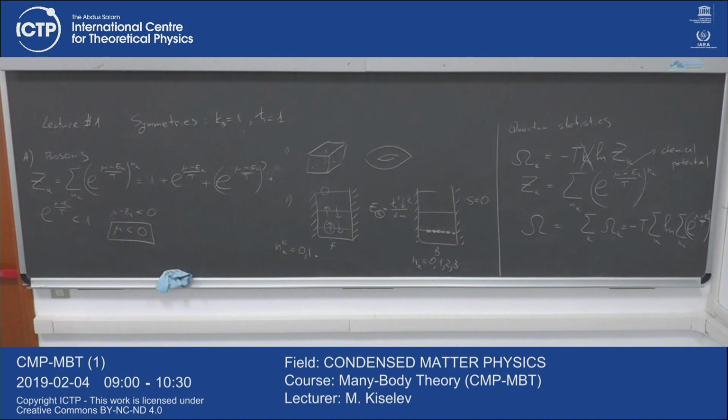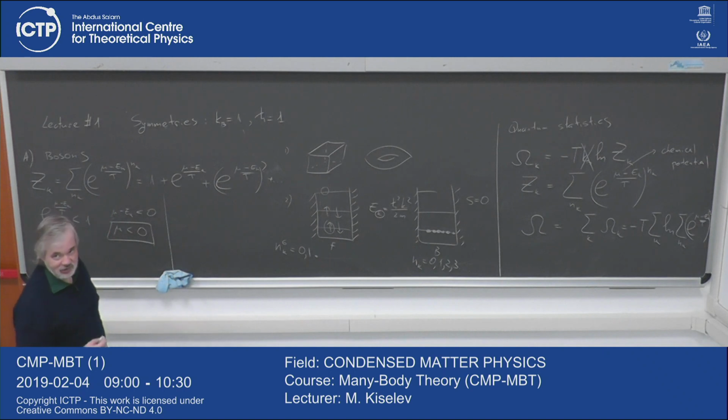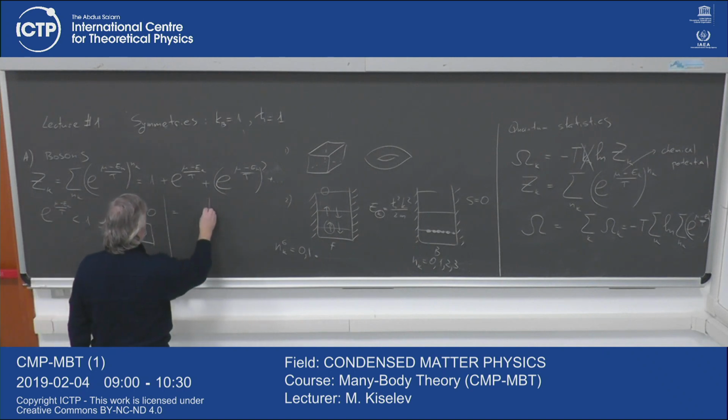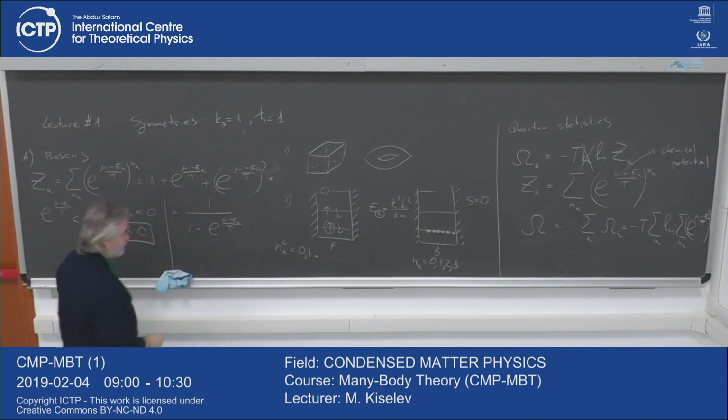Well, it approaches 0 at some point, and we discuss what happens there. So if we then sum up this convergent geometric series, what will we get? We get 1 divided by 1 minus e to the power mu minus epsilon k over temperature. Good.